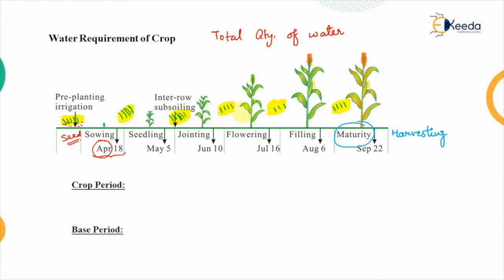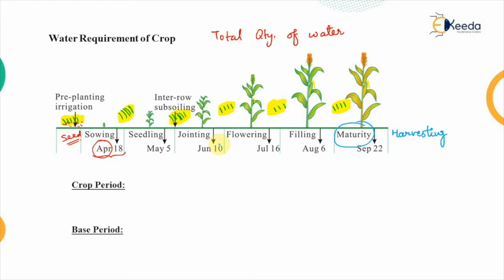This total quantity of water is required by the crop up to its maturity stage. Based upon these values, we have different parameters which are used for the definition of the complete growth of the plant.